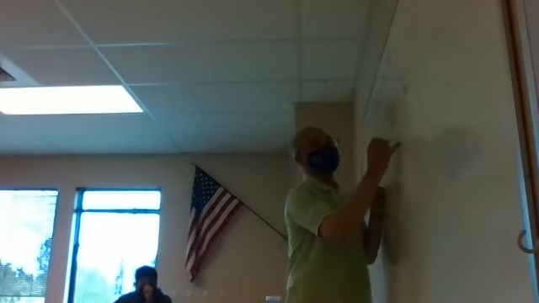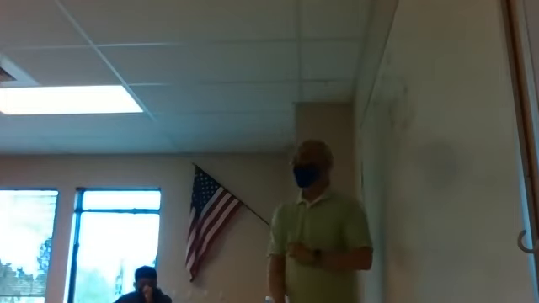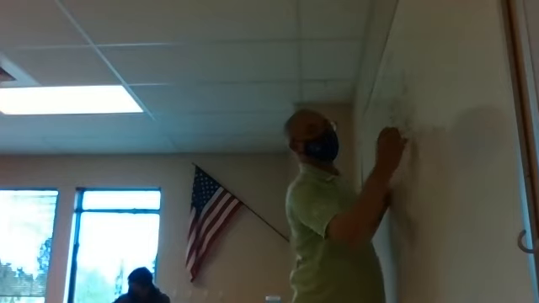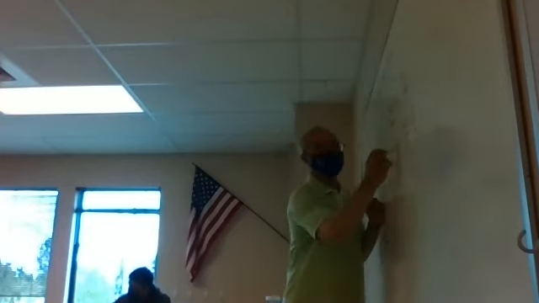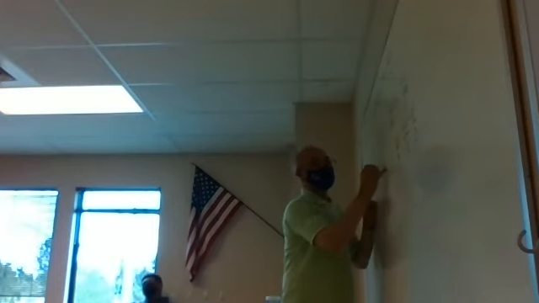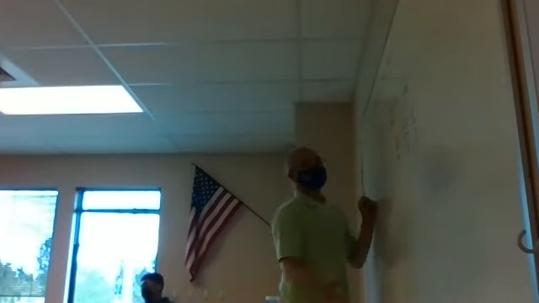This is not in slope-intercept form, so let's make it into slope-intercept form. I want y by itself. I'm going to subtract 4x from both sides. 3y is equal to negative 4x minus 18. Now I need to get rid of the 3. Since it's multiplied, I divide by 3. Y is equal to negative 4/3 x minus 6.